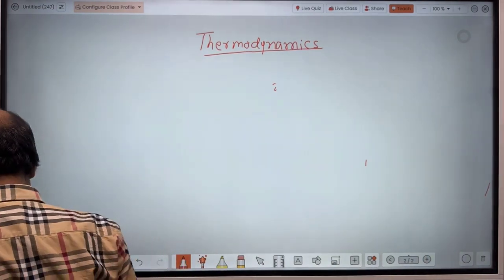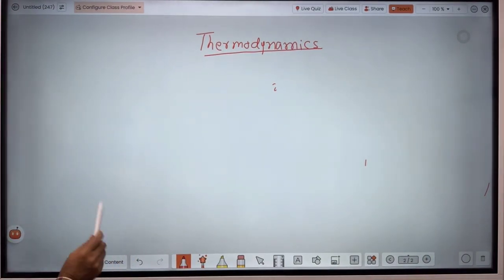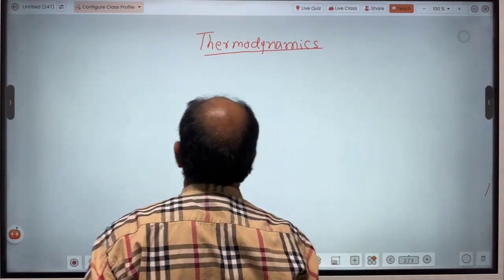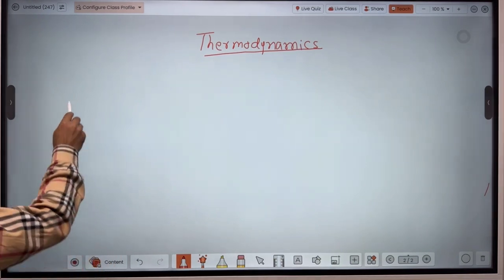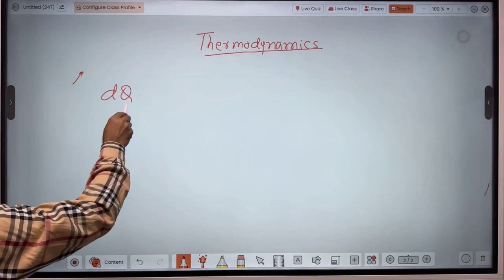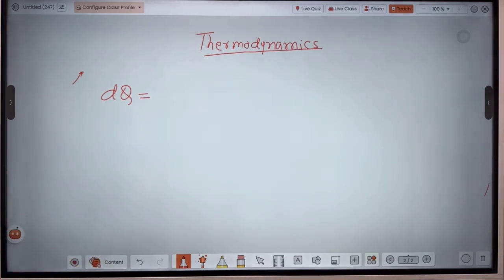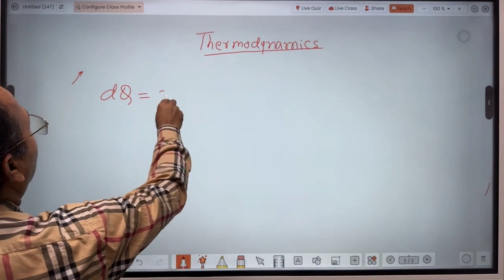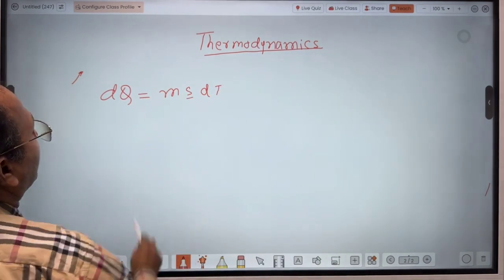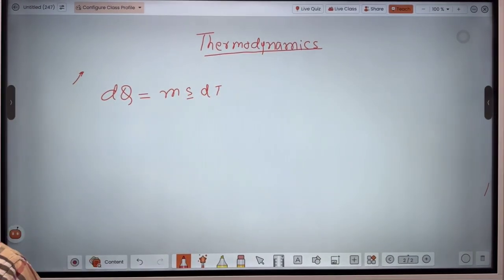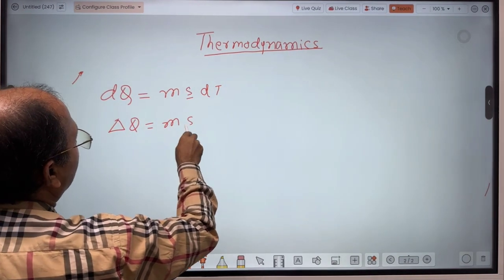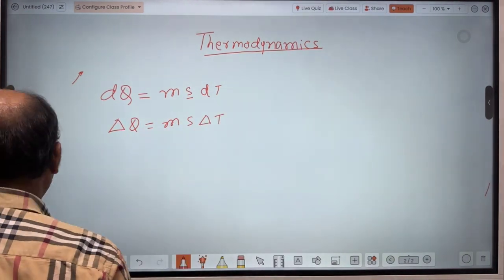The basic formula that we have studied in thermodynamics, not in thermodynamics, in previous chapter, in calorimetry. So we know delta Q, or we can write dq equal to ms dt, mass, specific heat, and this is temperature change, or we can also write it delta Q equal to ms delta t, right?